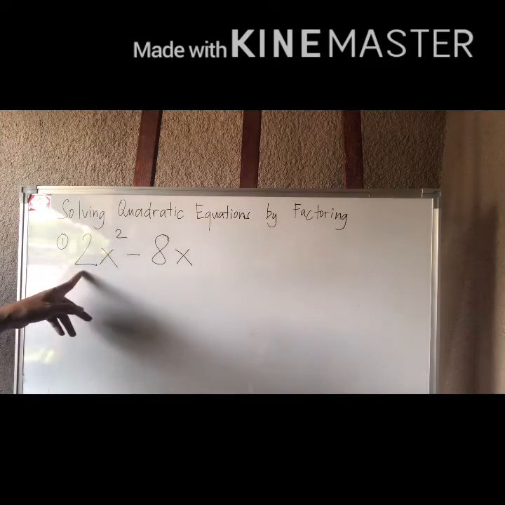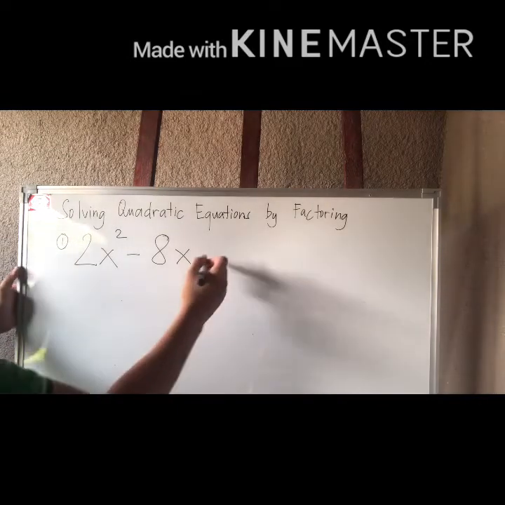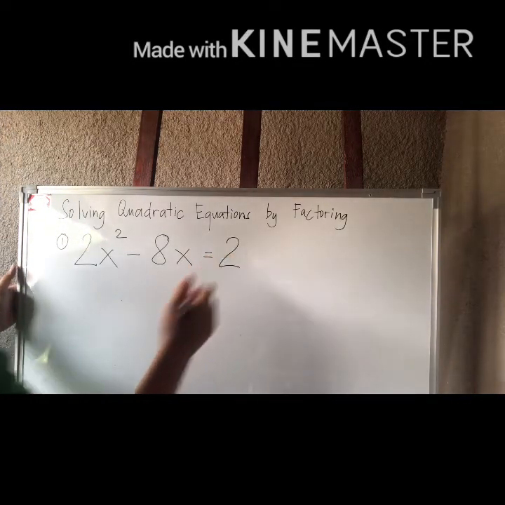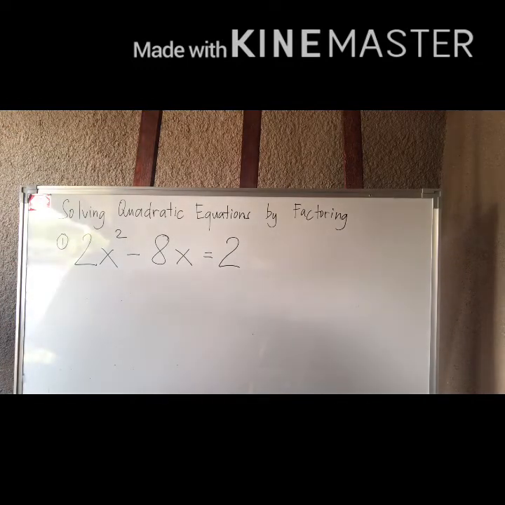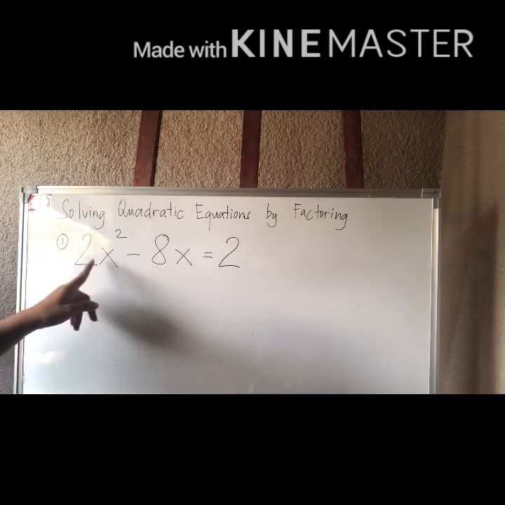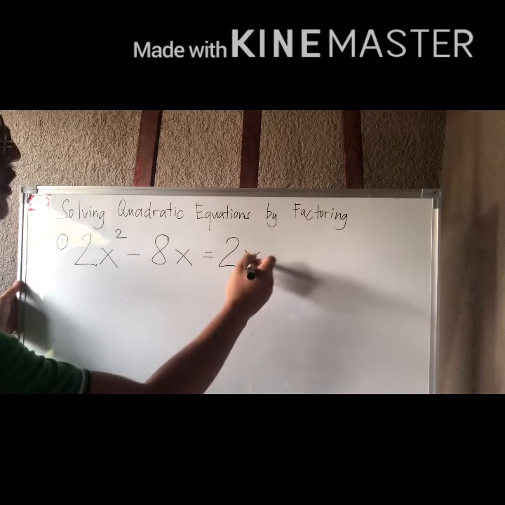In this case, the GCF of 2 and 8 will be 2. So let's have equal sign 2. Then, the common factor of x squared and x. So it's just like asking what is common with x squared and x. So in that case, that is x.